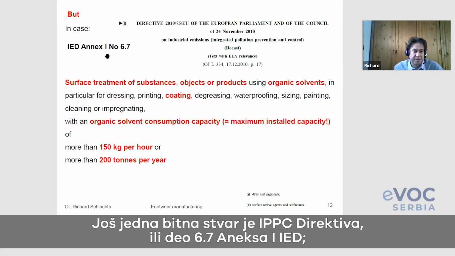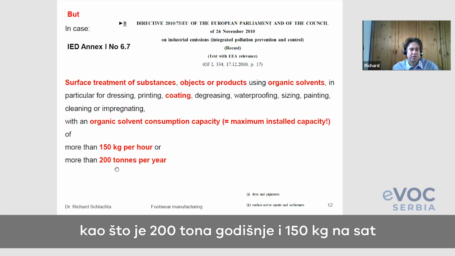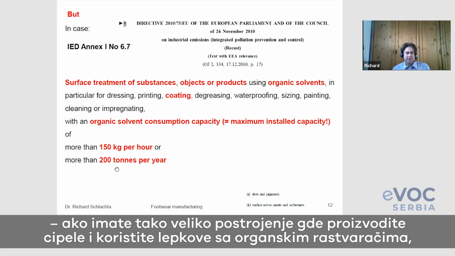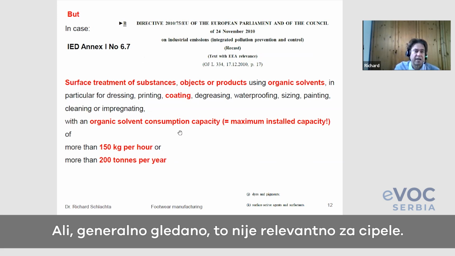Here, specifically Annex 1 number 6.7, because if you exceed certain capacity thresholds, like 200 tons per year and 150 kilograms per hour, if you have such a large installation where you produce shoes and you use glues and organic solvents, then maybe you will have a so-called IPPC installation, but generally that is not relevant for shoes.